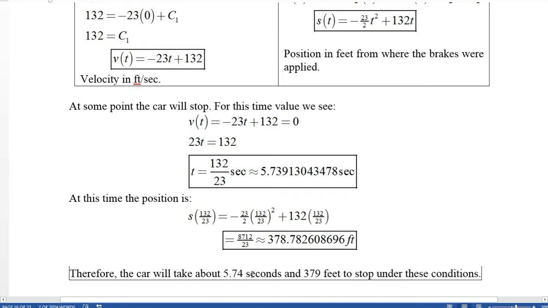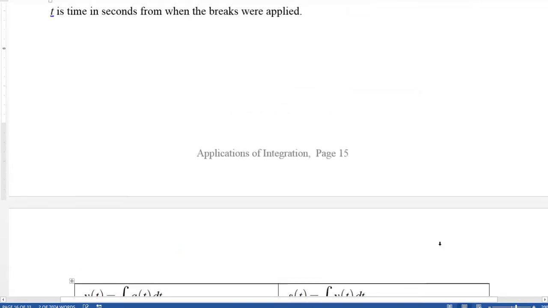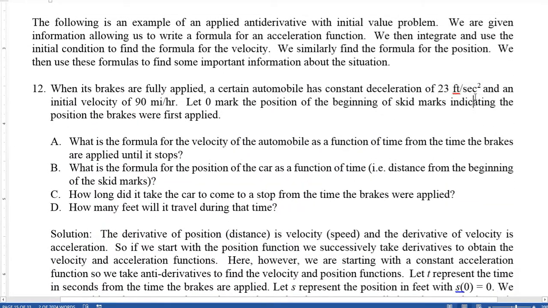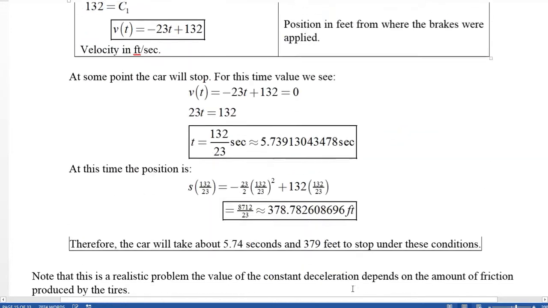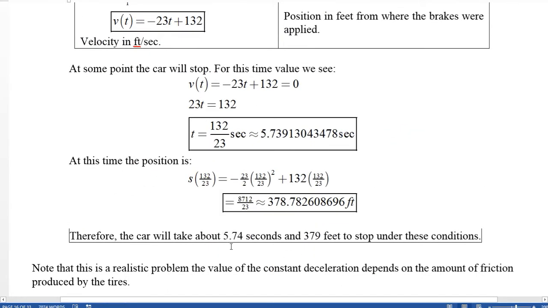So the car will take about 5.74 seconds to stop, and during that time it's going to travel 379 feet. So if this is the appropriate constant deceleration for that car, 23 feet per second squared, then a car traveling at 90 miles an hour had better leave space between it and whatever's in front of it, because once it puts on the brake, it's going to take another 379 feet to stop.